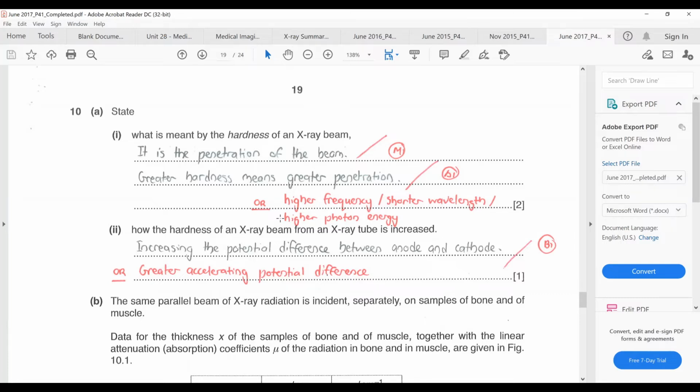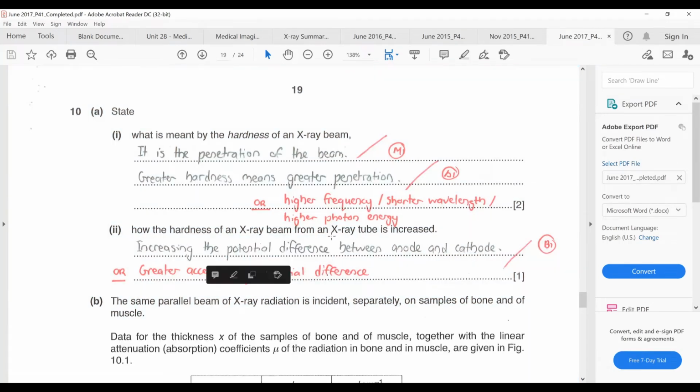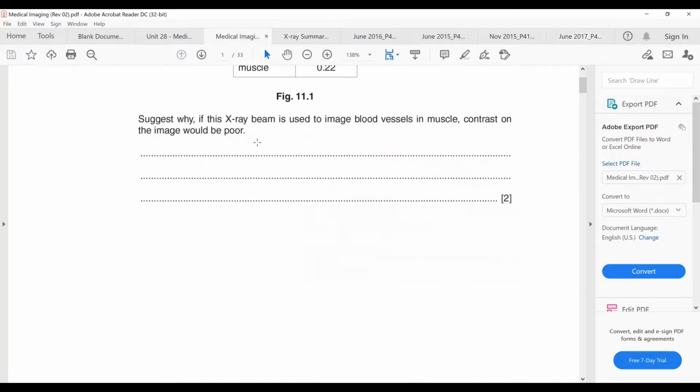If you want to increase the power of your X-ray beam or hardness of your X-ray beam, what do you do? You can say you change the tube voltage, or specifically, you can say that you increase the tube voltage. When you're increasing the tube voltage, you're actually increasing the potential difference between anode and cathode, which is this one here, right?